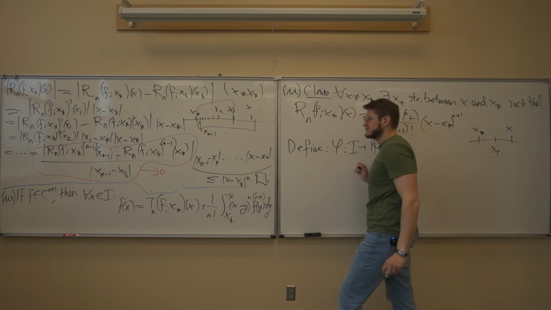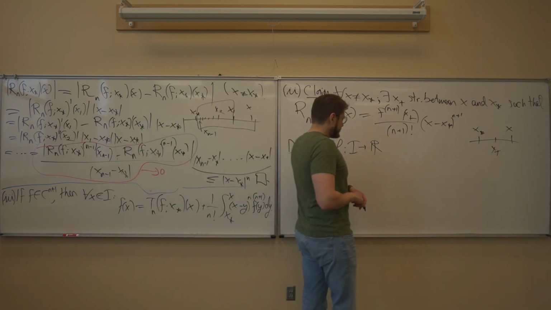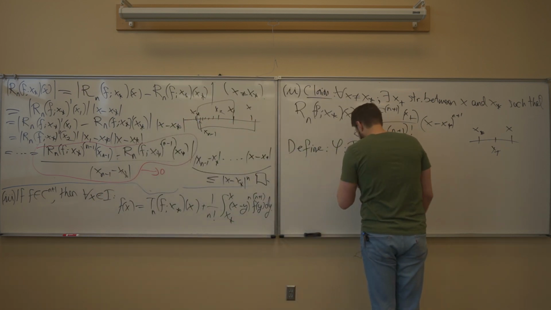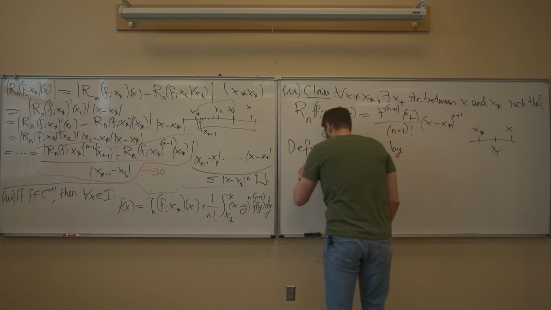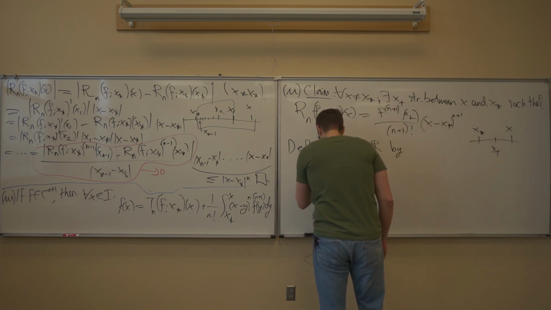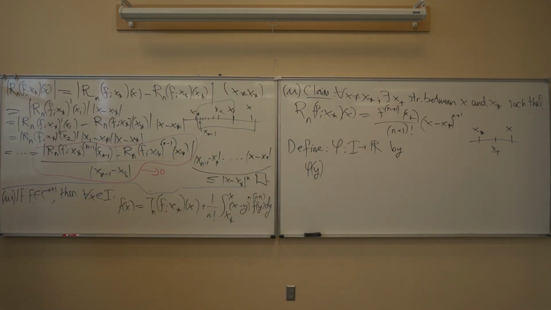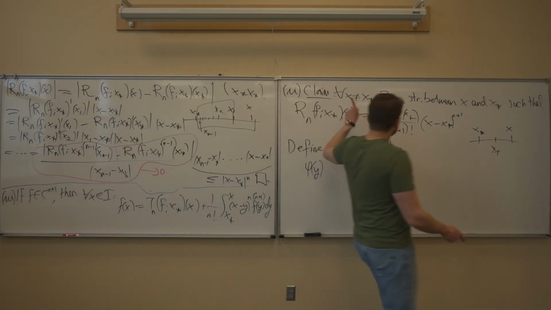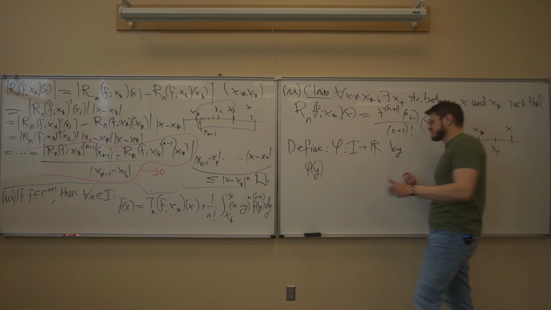I'm going to define a function phi. And this is where things get complicated, okay? Phi of y is going to be, let's see if I mess this up. So I fix x and x star. Those two are fixed, okay?